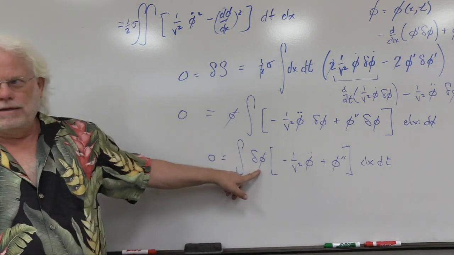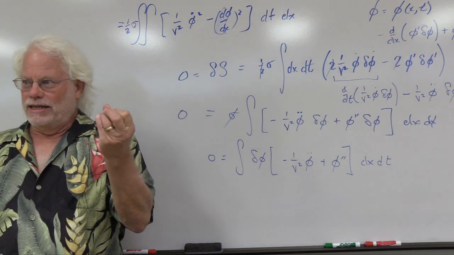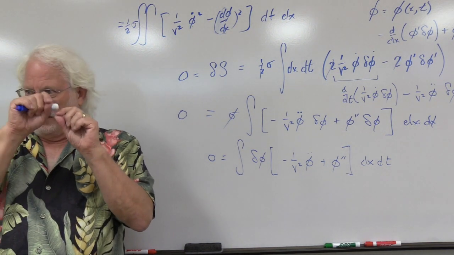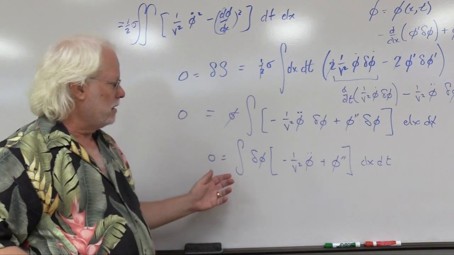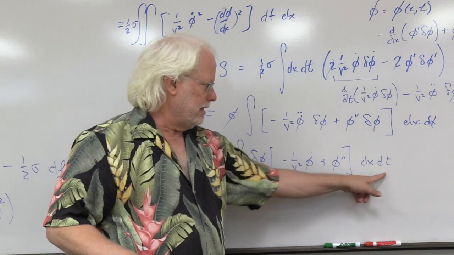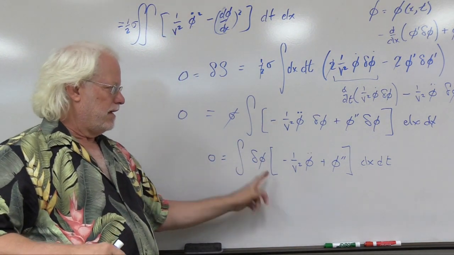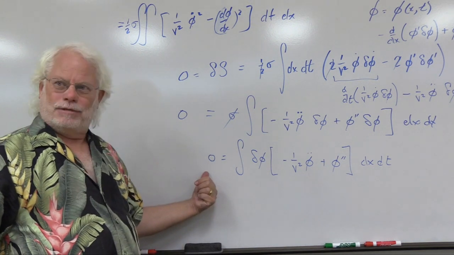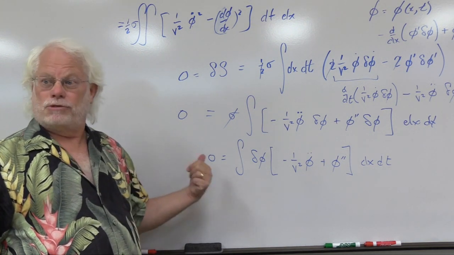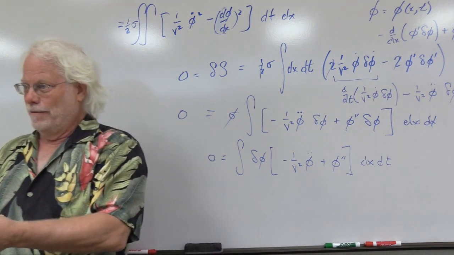Then I can let del phi vanish everywhere except at that point and have just a little positive blip, which means evaluating this integral is just basically the x-t area of the blip times that value of delta phi times the thing in brackets, which we said was non-zero. But that can't be 0, so my assumption was wrong, and the term in brackets has to be 0 at that point.